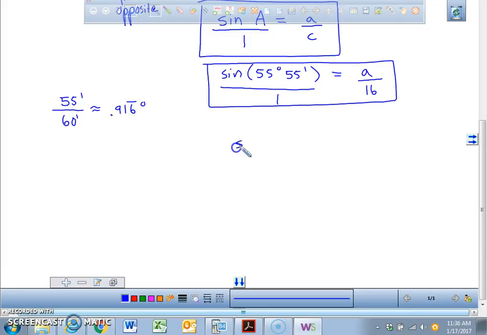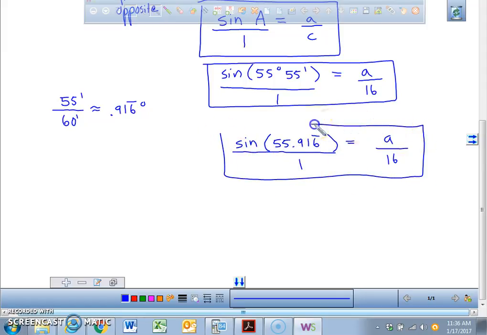So 55 minutes out of 60 minutes is going to be 0.916. So please write this in your journal. The sine of 55.916, I'm going to put repeating, close parentheses, equals a over 16. And yes, please place this over a 1.